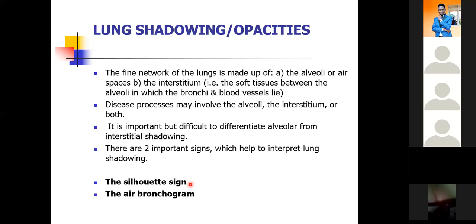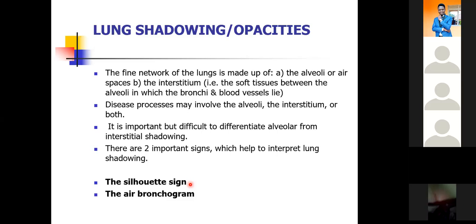So diseases that affect the lungs may affect either the alveolar spaces, those air spaces that we have pointed out, or may affect the interstitium, that area where we have the supporting connective tissue networks along with the vasculature. And again, some diseases might affect both areas, the interstitium and the alveoli.